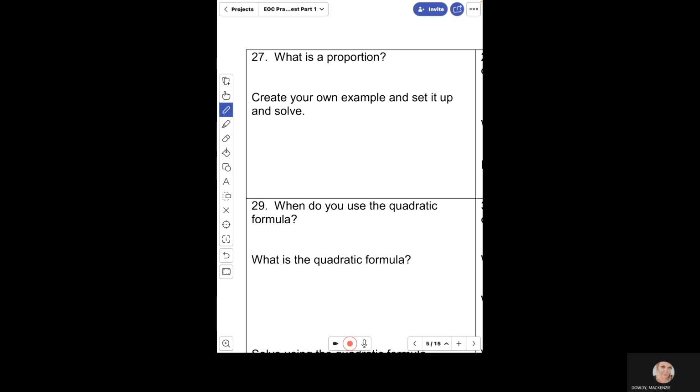It is 2 ratios or fractions that are equal. Create your own example and set it up and solve.